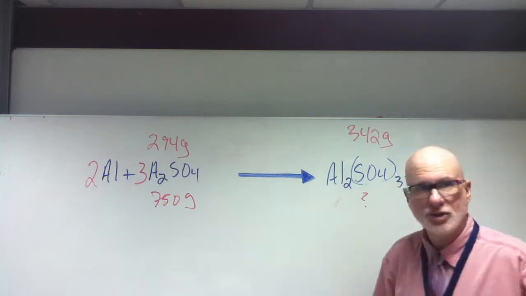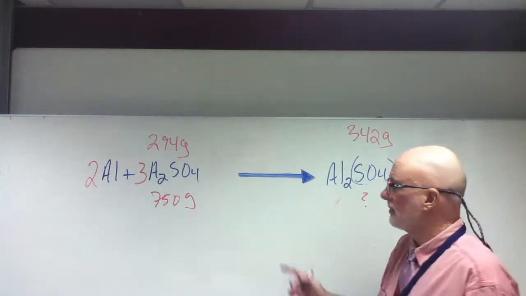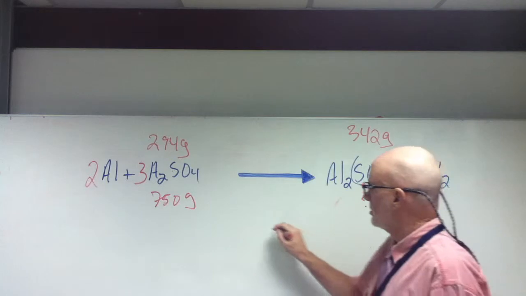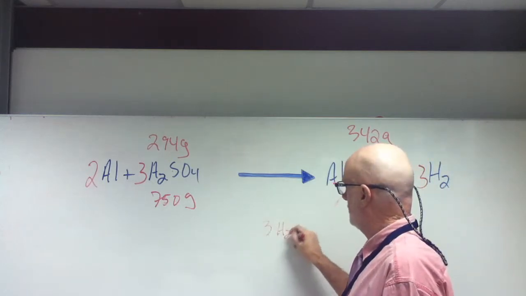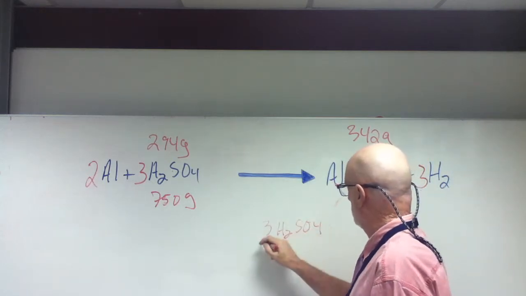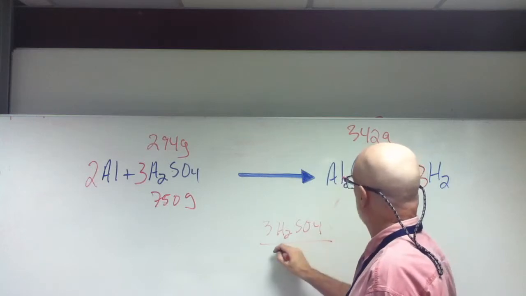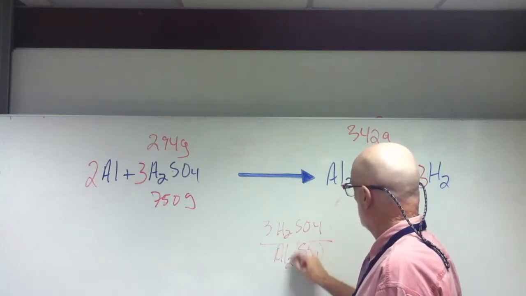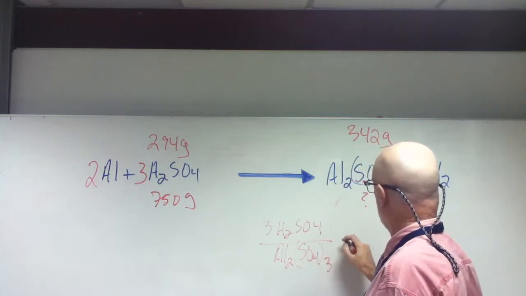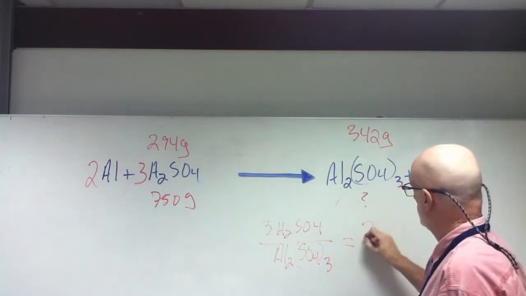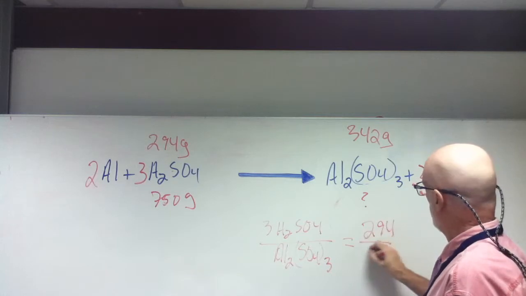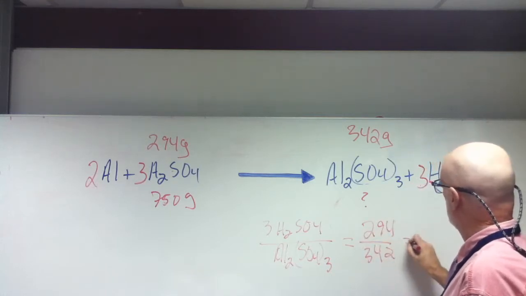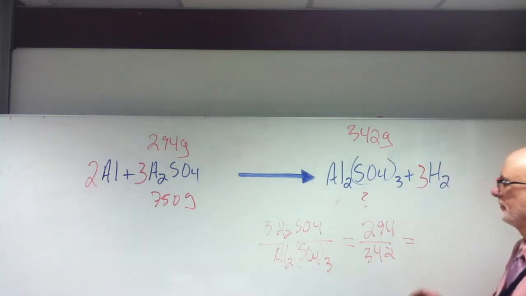What's your constant ratio, guys? You're comparing these two things. So it's going to be 3 H2SO4 over Al2(SO4)3, right? Equals 294 over 342 equals what?